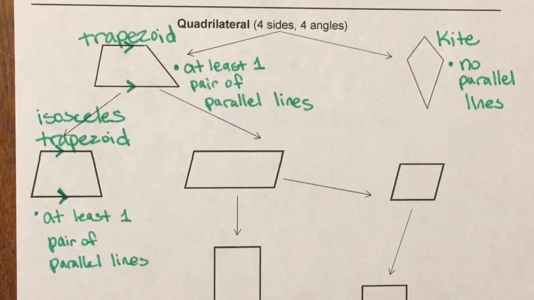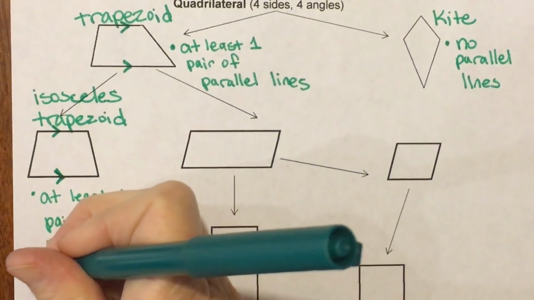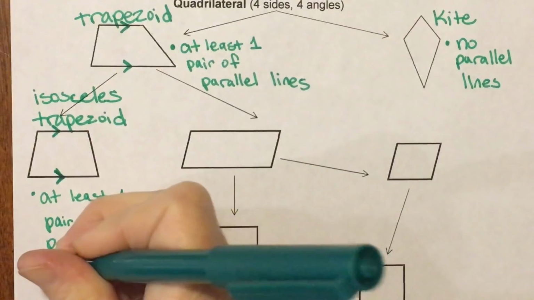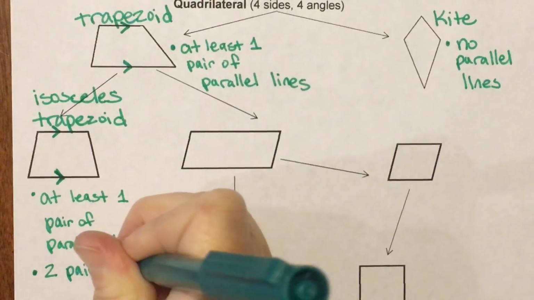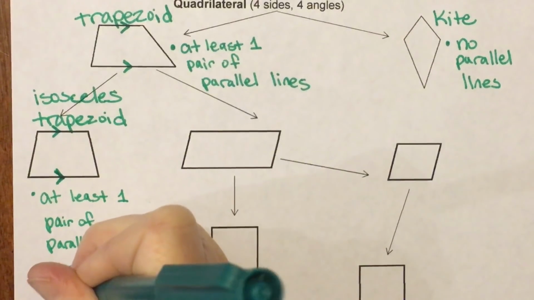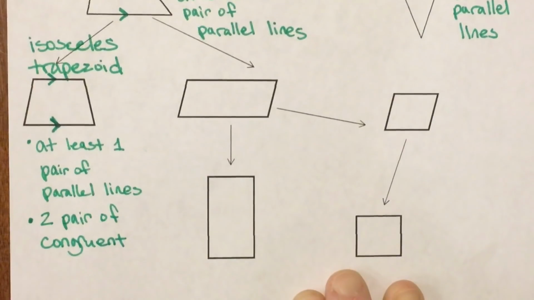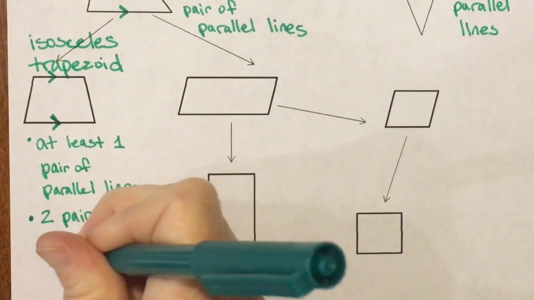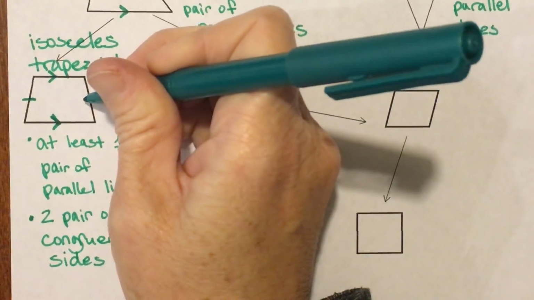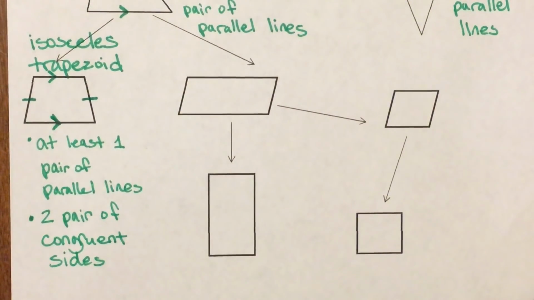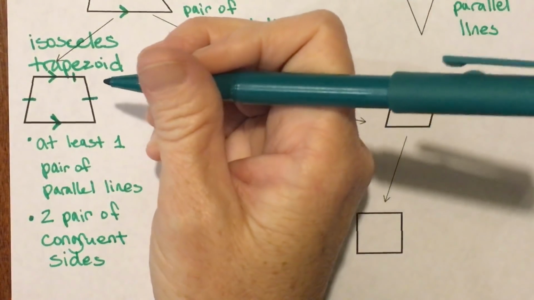Okay, what makes it a special trapezoid is it also has to have two pairs of congruent, and remember congruent's a fancy word for equal, two pairs of congruent sides. So this side is the same length as this side, and this side, I'm sorry, I made a mistake there.